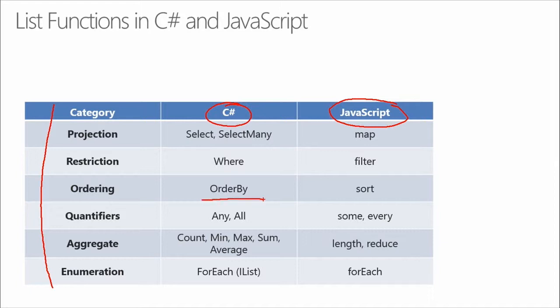If I want to do ordering, I can do an OrderBy utilizing LINQ. There is still a Sort method as well, but that winds up getting a little bit trickier depending on what you're doing. And of course, in JavaScript we actually do have a sort. So basically, anything you can do, I can do as well. I don't necessarily want to say better here, but anything that you could do inside of .NET, essentially you could also do inside of JavaScript.